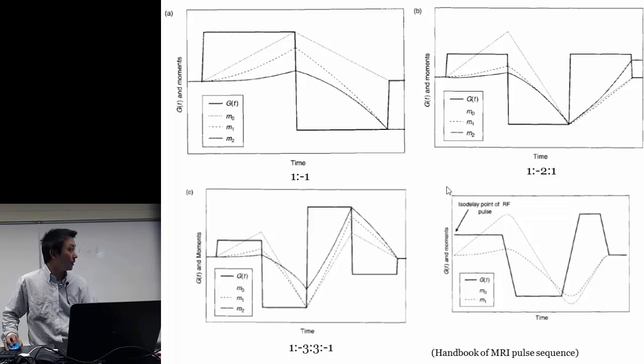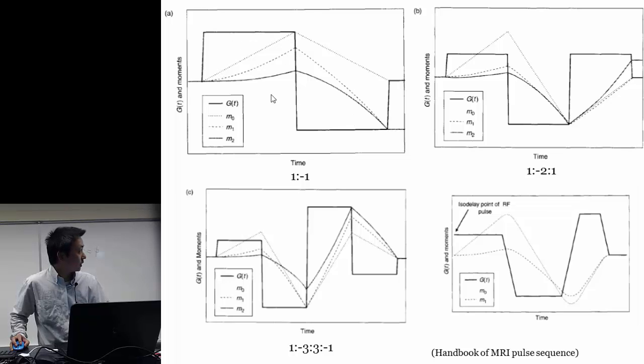Okay, so here are some examples of how we achieve the gradient moment nulling. Here is a simple bipolar gradient pair. It's basically two identical gradient lobes played out consecutively, but with opposite directions. The zeroth gradient moment is 0 because the areas of these two gradient lobes cancel each other.